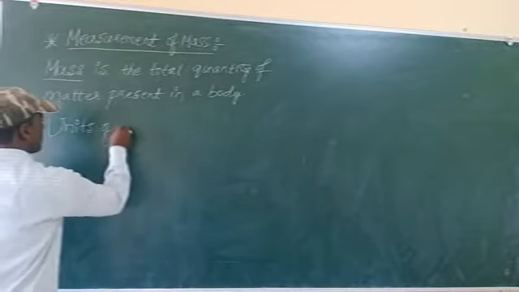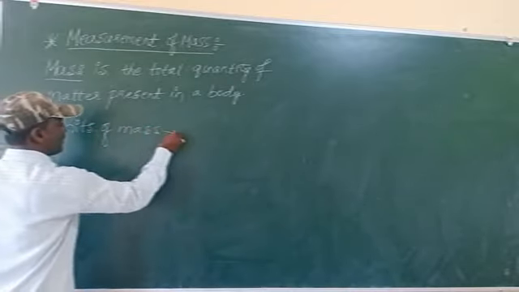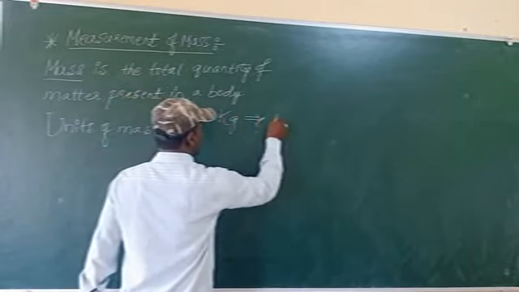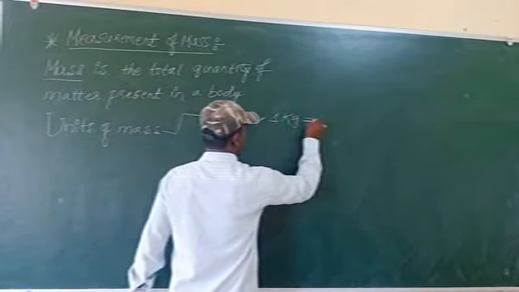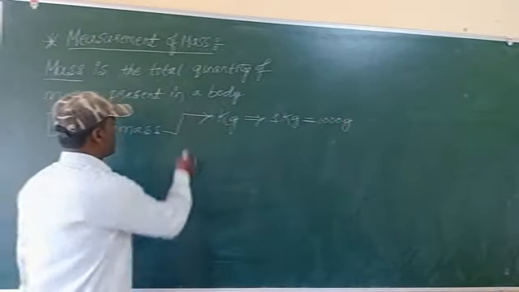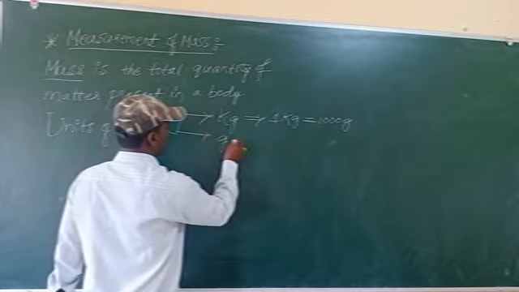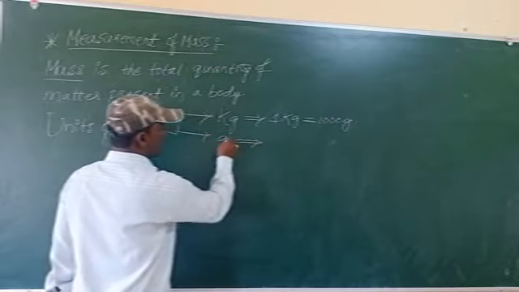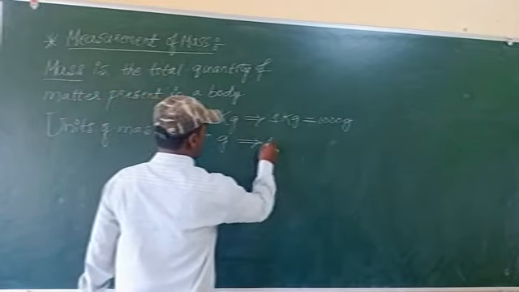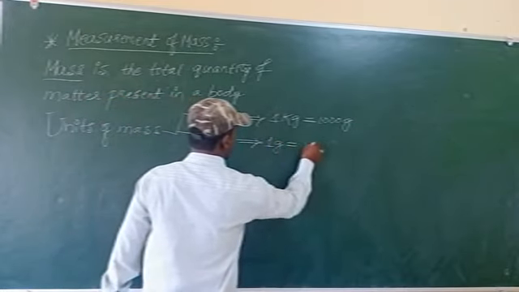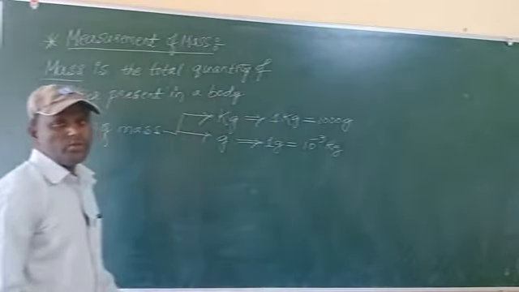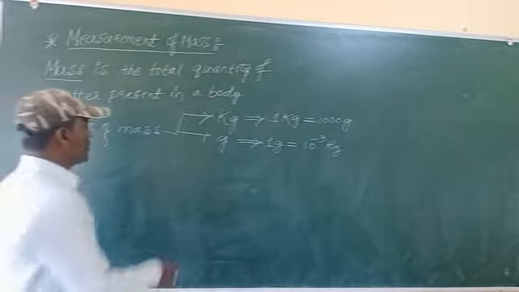Units of mass means first one is kg, and 1 kg is equal to, what is the value of 1 kg? 1000 grams. 1 kg is equal to 1000 grams. Next one, gram. G stands for gram, Kg stands for kilogram. 1 gram is equal to 10 to the power of minus 3 kg. 1 gram is 1 by 1000 kilogram.